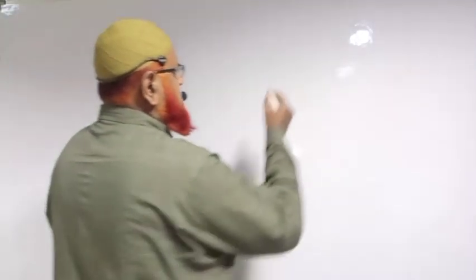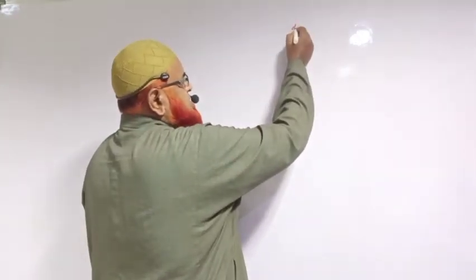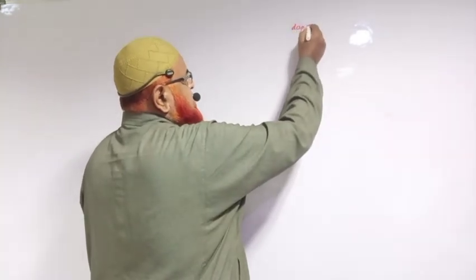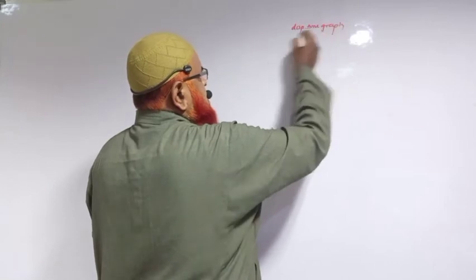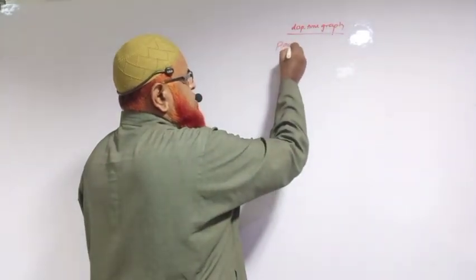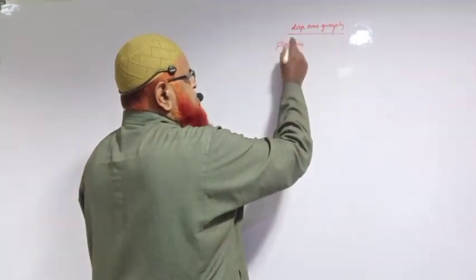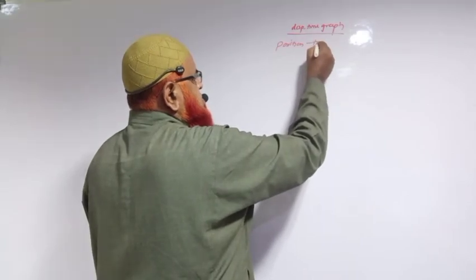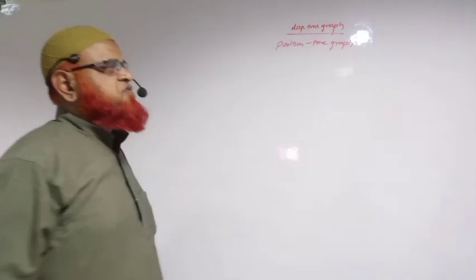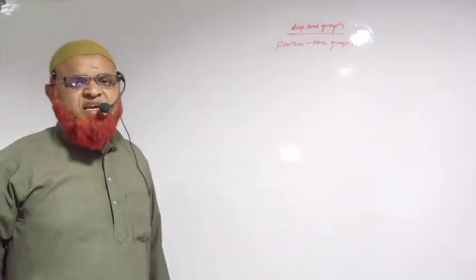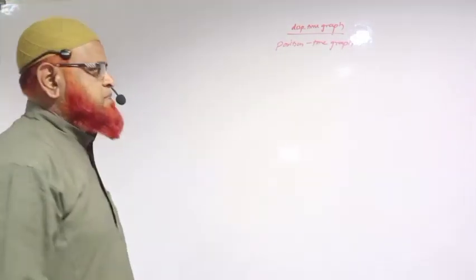Now, if you see the graphs, first thing is the displacement time graph, or it is also called the position time graph. We shall discuss this.